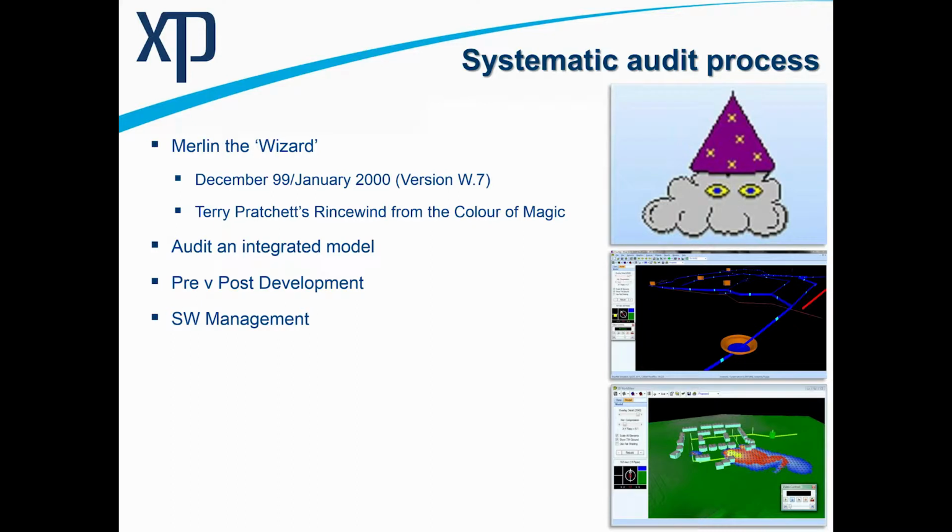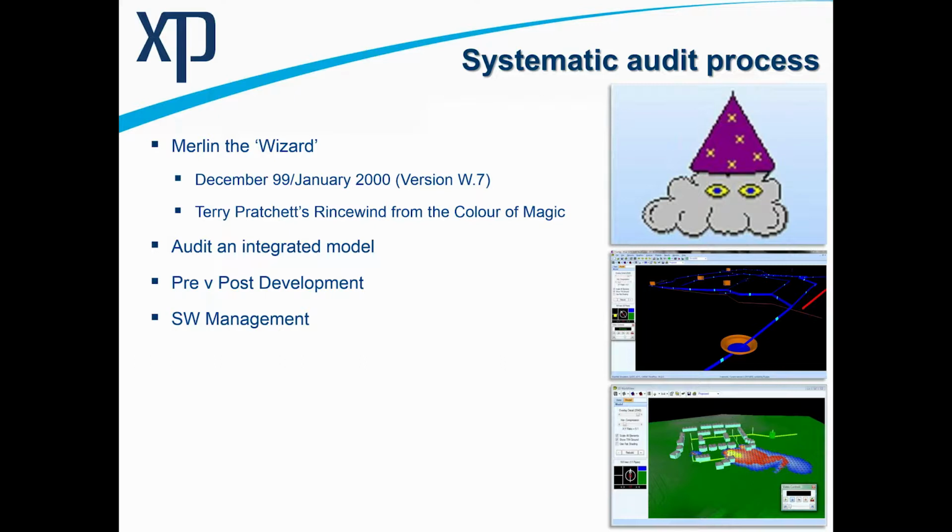So we're going to run through a systematic auditing process, and I'd like to introduce you to Merlin the Wizard, who's going to help us with this. I just enjoy sharing this story with people because we have Ian Swatton here. Ian's the senior software developer for MicroDrainage and has been here since 1993.